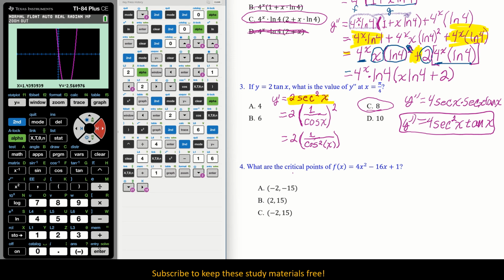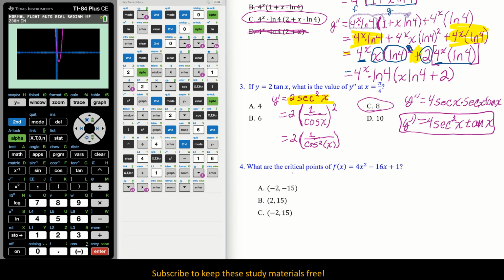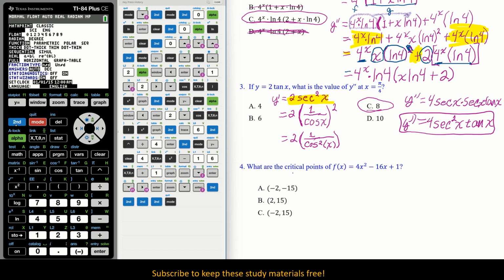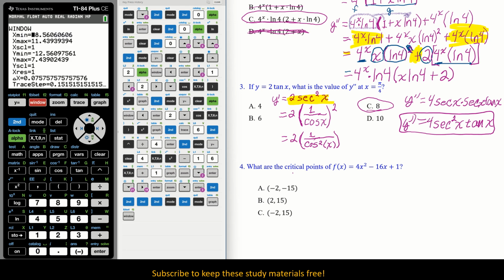Just a little, and now I'm going to push enter. See how it backed out? I don't like that either. Zoom in. I think it was probably better just to change the window. Second mode. Sorry. Graph window.